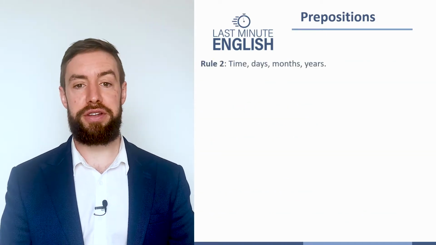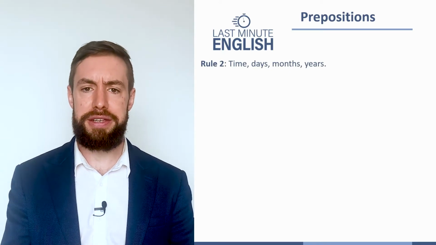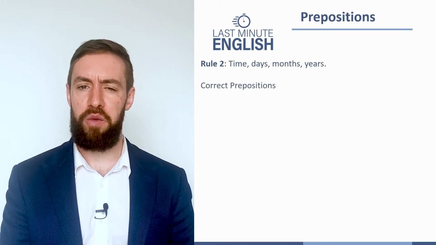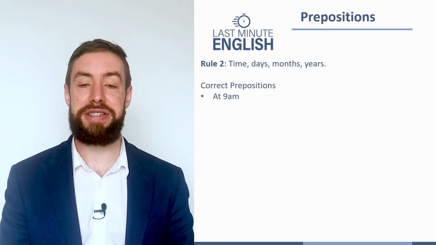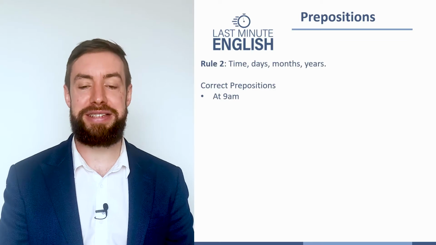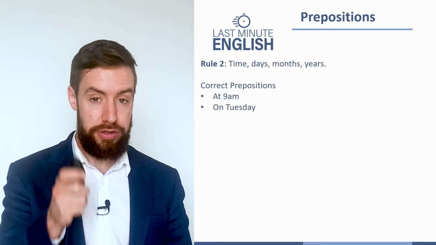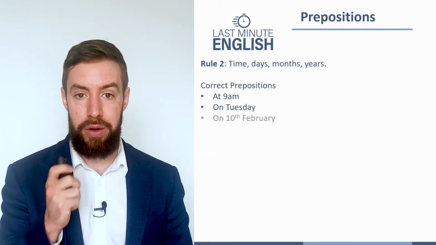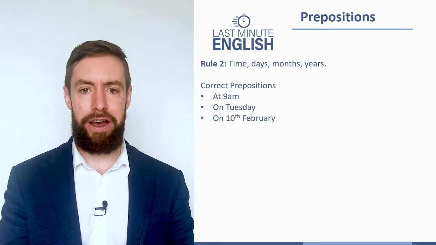The next rule we're going to look at is related to days, months, years, and things like that. So which prepositions should we be using? First of all, if it's the time, we say at 9 a.m. The day is on Tuesday, and also on is the date, so on the 10th of February.